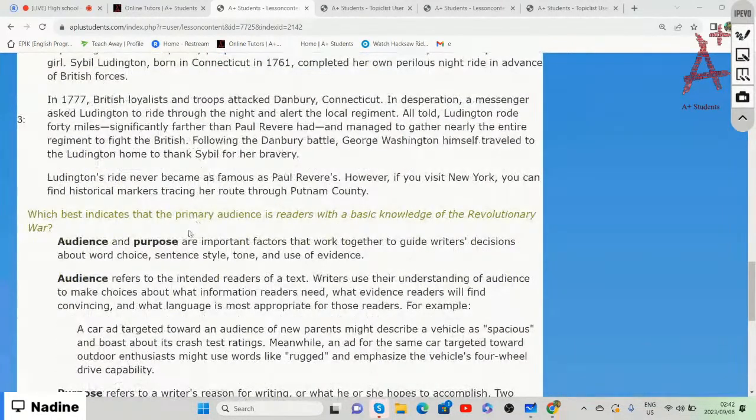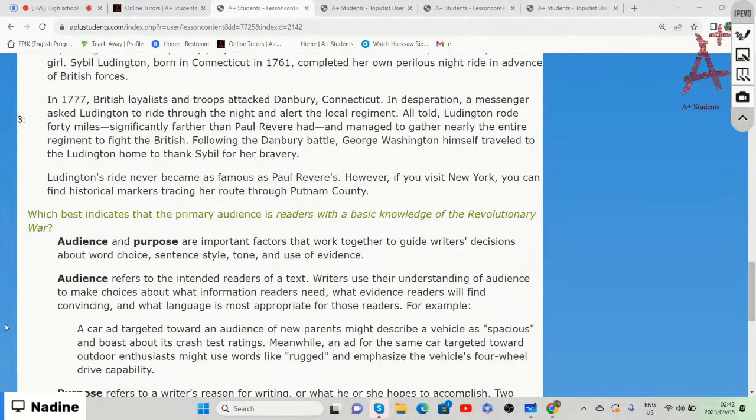That is why we're saying that audience and purpose are important factors that work together to guide the writer's decisions about word choices, about sentence styles, about tones, as well as the use of evidence. So the audience as well as purpose, they work hand in hand. And remember, we said that the audience refers to the intended readers of the text.